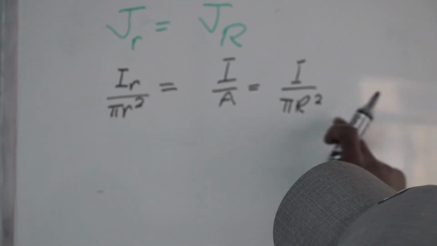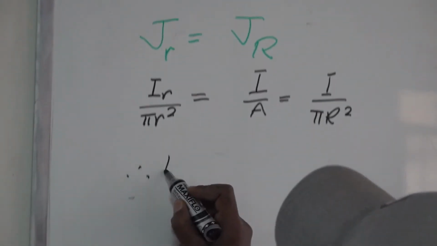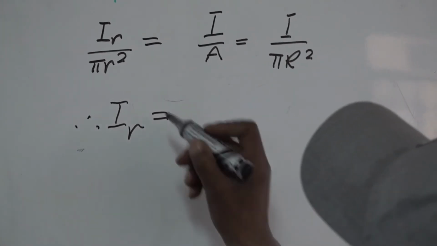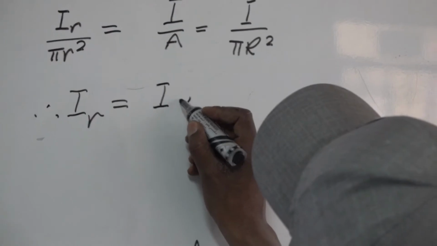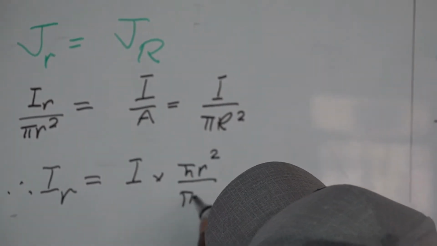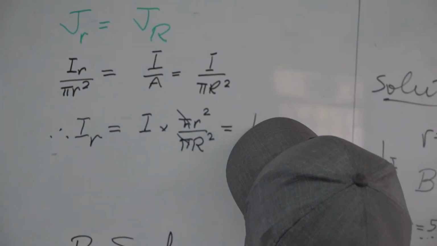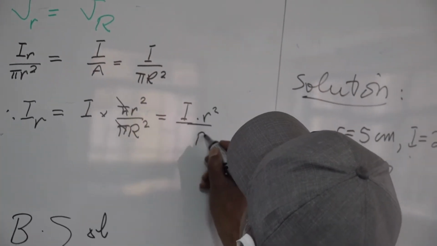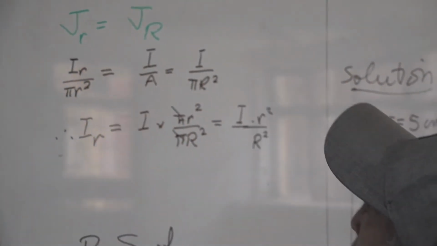So when you equate the two, you see pi cancels pi, and therefore you get the small current I_r within a smaller distance of small letter r is equal to I times pi r squared divided by pi R squared. Now you can see pi and pi cancel out, so we get the total current I times r squared divided by R squared. That gives you the current within some specified distance.